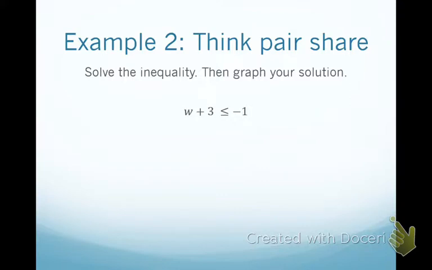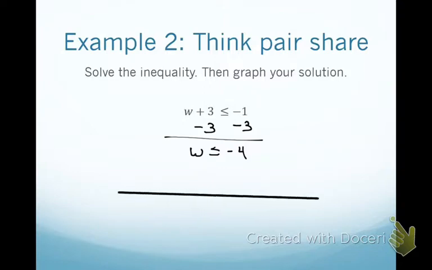Okay, so we need to subtract 3 from both sides, and w is less than or equal to -4. So again, we're graphing a negative solution, which is no big deal. Remember, the solution goes in the middle. What number would go to the left? Would it be -5 or -3?